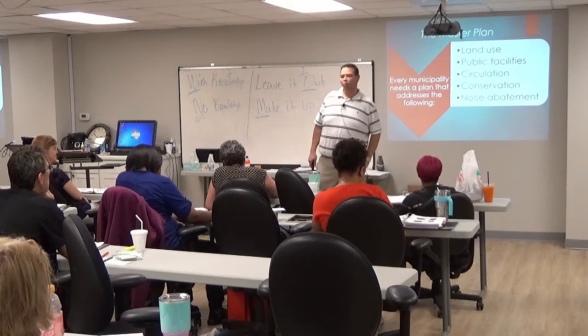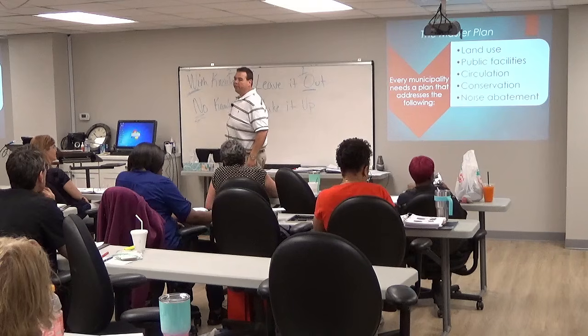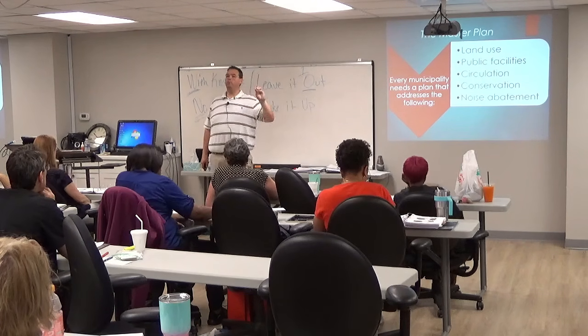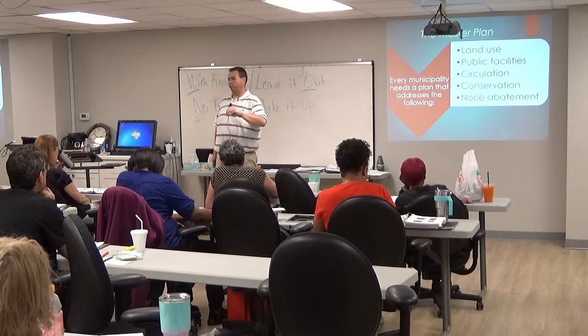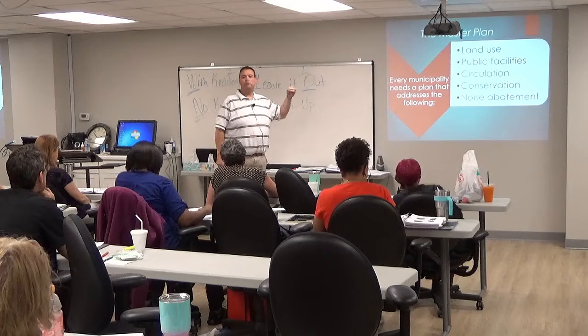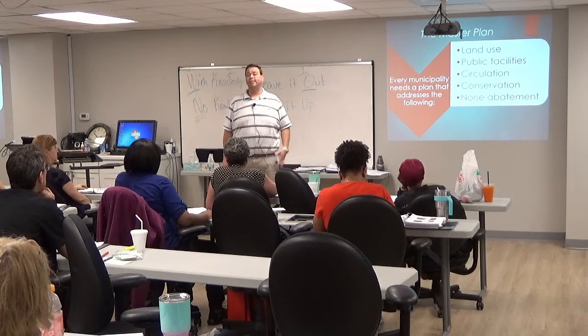Because zoning ordinances are exceptionally strict. They control everything about what a property can be used for. These things tell you what you can do with property that you own if it's located in a city.